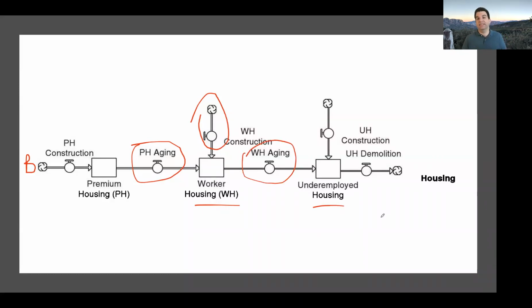So maybe it'll become slightly less desirable housing, lower income housing, but then also you're going to have some of that housing built fresh as well. And then eventually all of these will live out their whole lives, and you get kind of a death of the housing here, and that frees up space for some of these birth processes to happen once again. So that's kind of what's going on there.